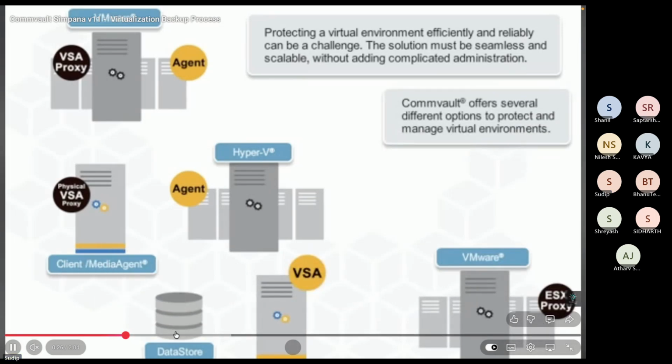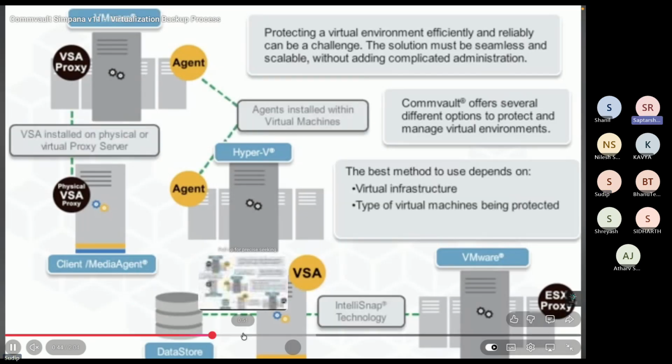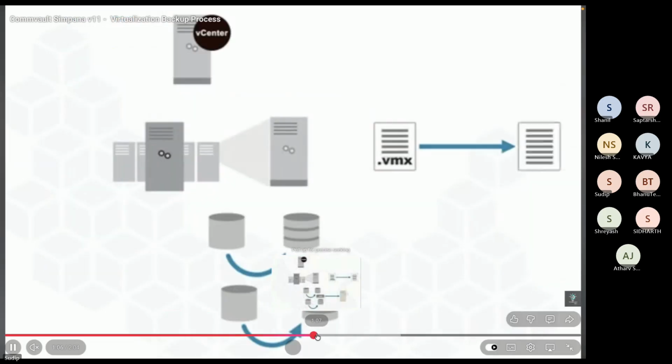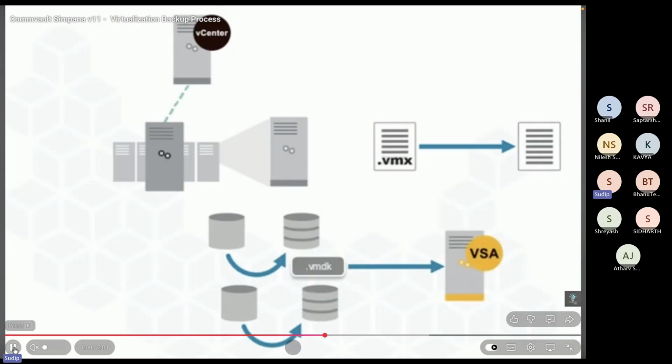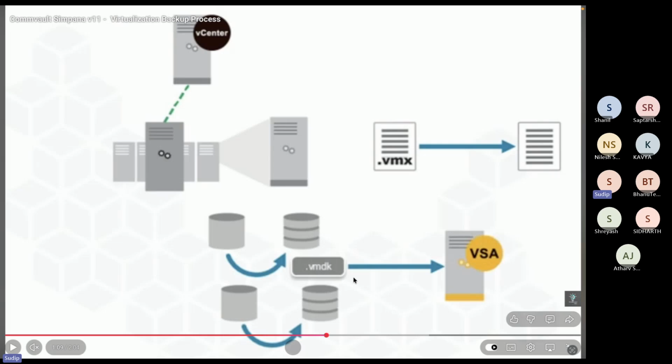Okay. Now, when you're installing a virtual agent like this, you have to give certain credentials of the virtual environment which you're trying to protect to this VSA proxy and ultimately to the Commvault software.